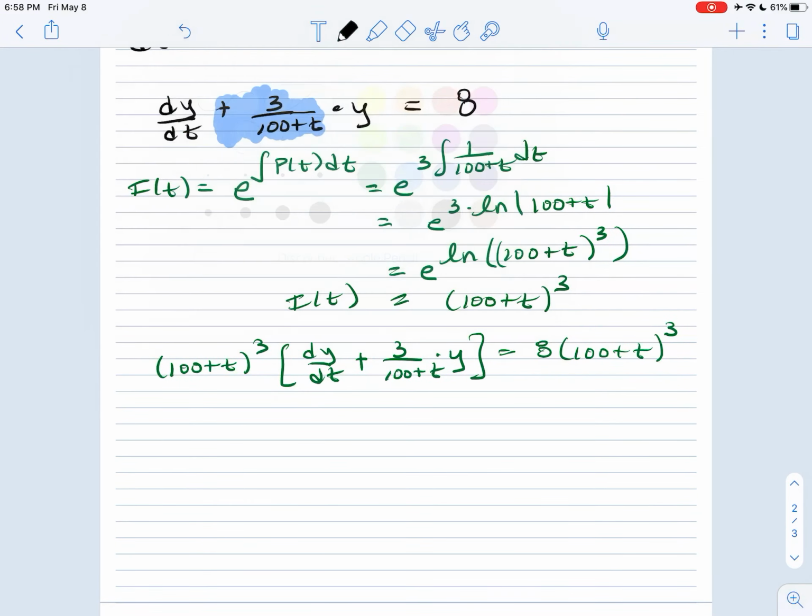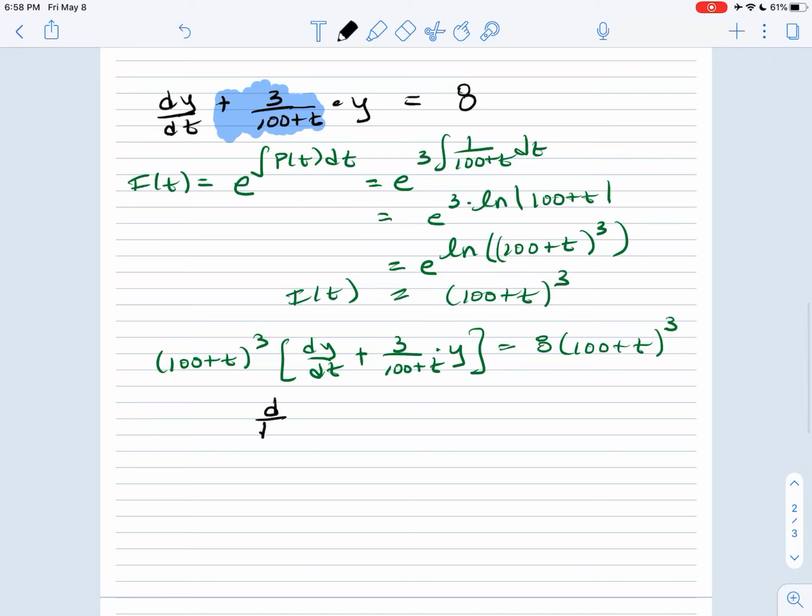I next transform the left-hand side into the derivative with respect to t of our integrating factor, which is 100 plus t cubed, times y. And on the right-hand side, I simplify, which I don't need to do because it's already simplified.